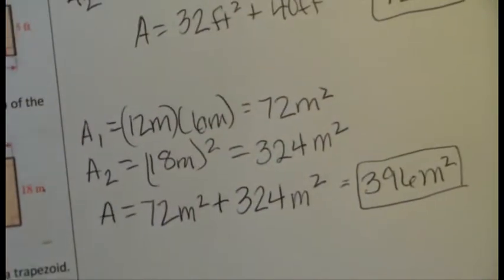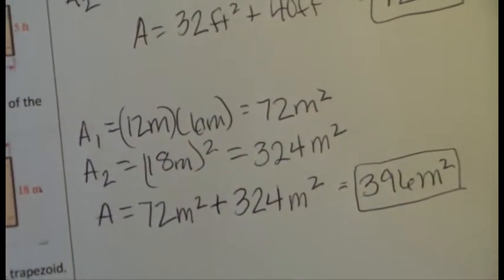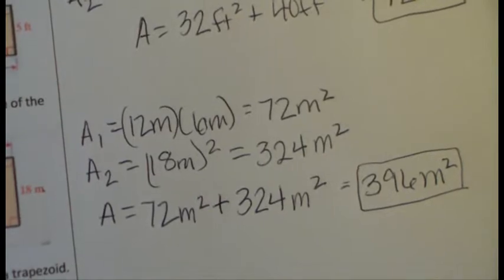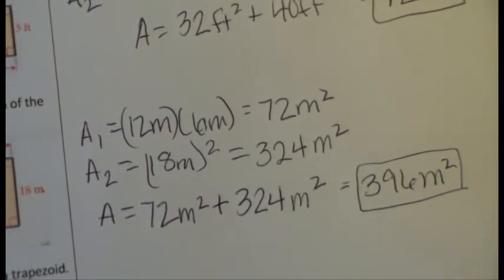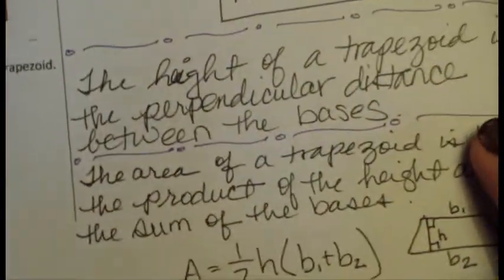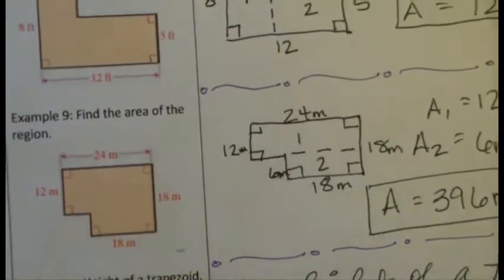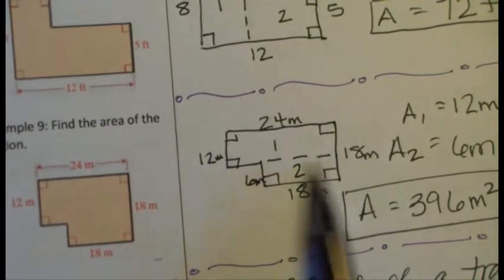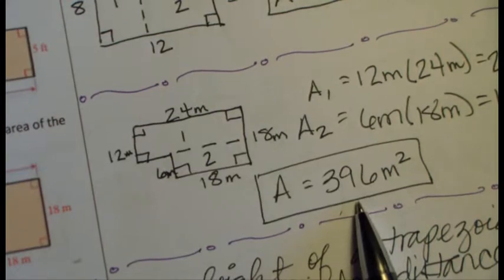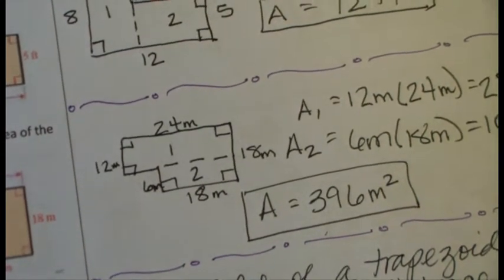All right. So now let's move on to trapezoids, rhombuses, and kites. Actually real quick, you'll notice in this one I did it this way instead of this way, and I still ended up with 396 meters squared. So you get the same thing.